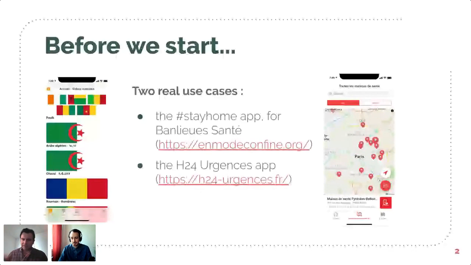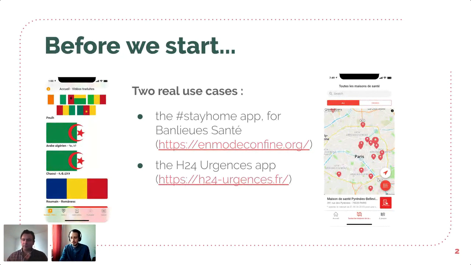For example, there is an organization called Banlieue Santé in France that gives meals to older people who are in underprivileged neighborhoods, and also translates some healthcare videos into many languages and dialects for non-French speaking people.